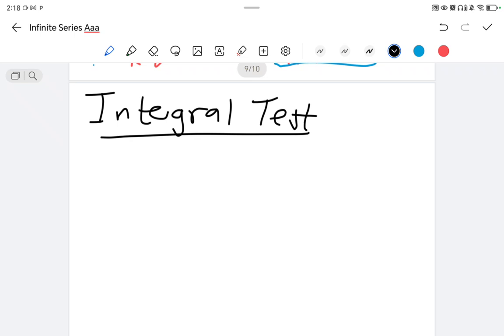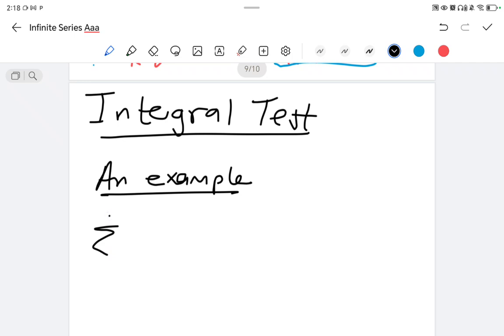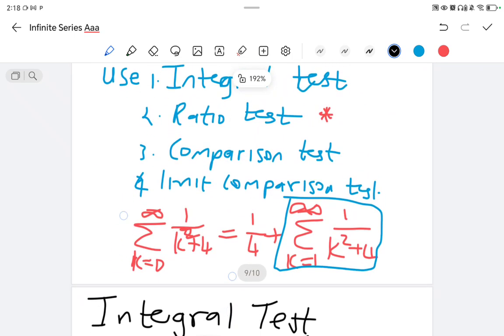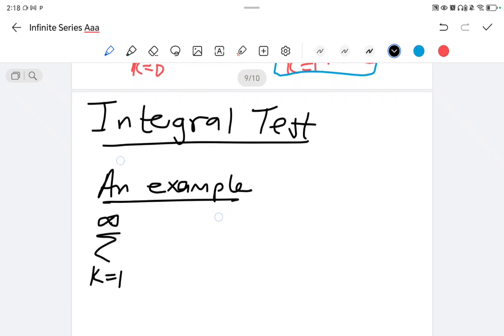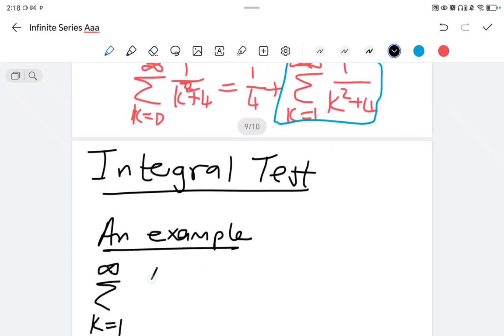Let's say I'm given an example: the summation of k equals 1 to infinity of 1 over k squared plus 4.